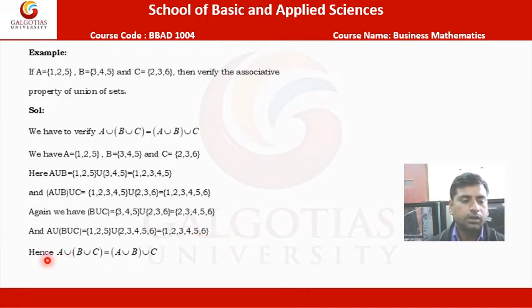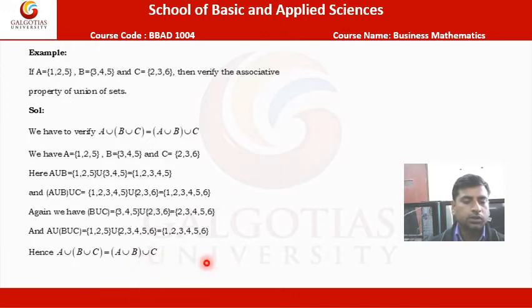Now we will take the union of A with respect to B union C. This set will contain the elements 1, 2, 3, 4, 5, 6. Here 2 is the common element, so the common element 2 is taken only once.